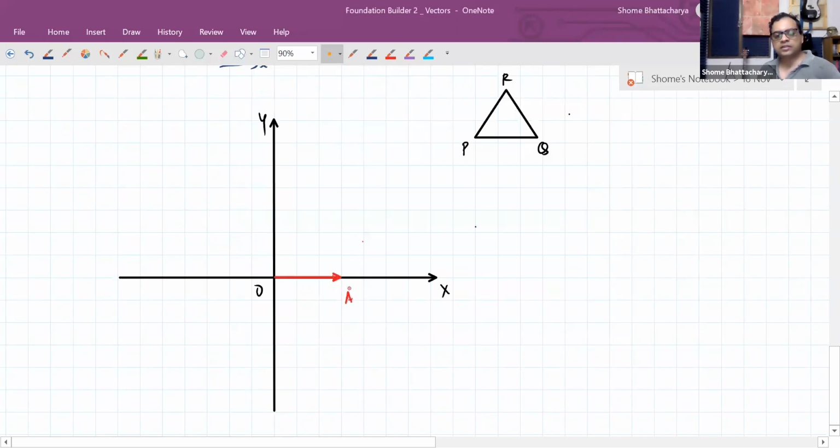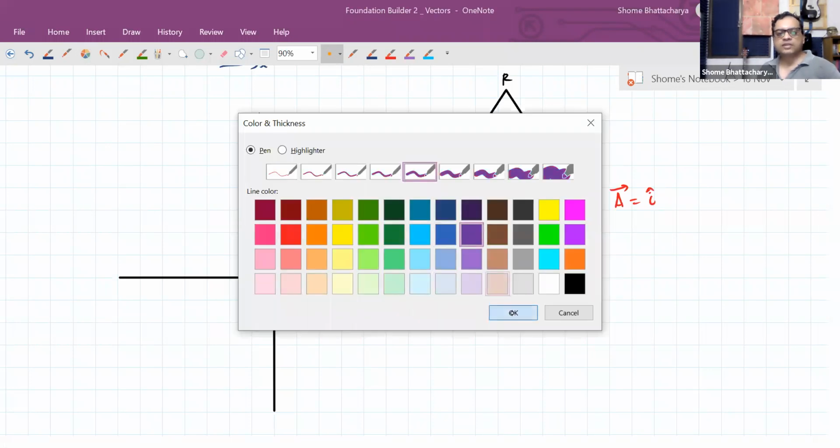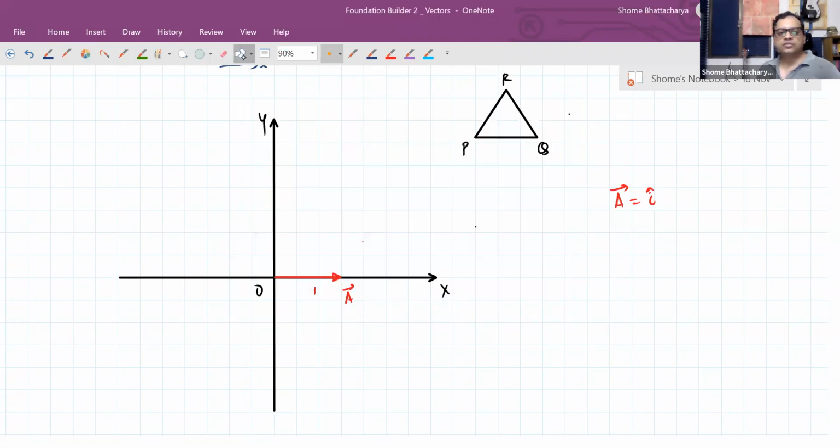So this is the vector a. So the vector a will be expressed as simply I cap. Okay. On the same diagram, my vector b, notice, will be like this now.